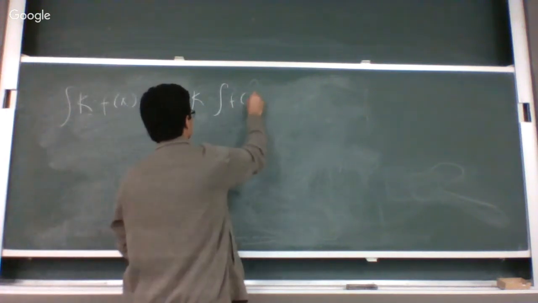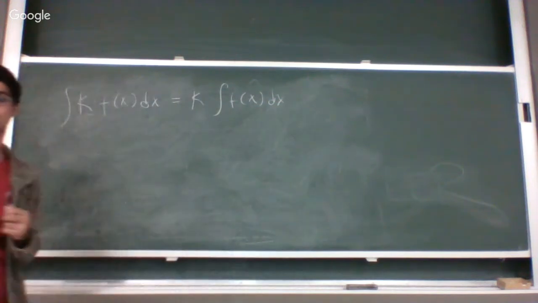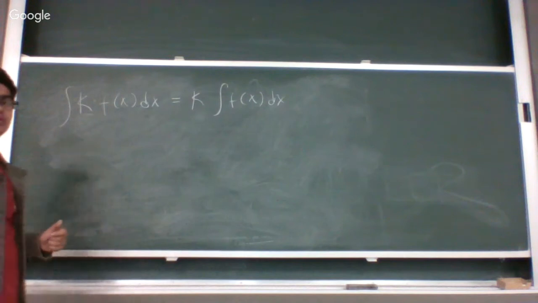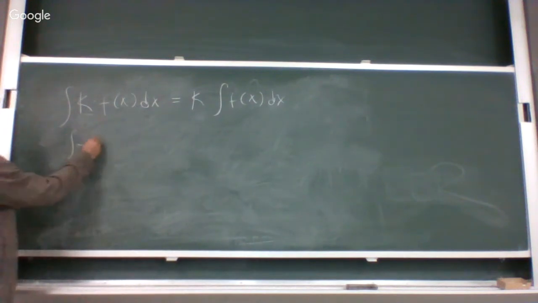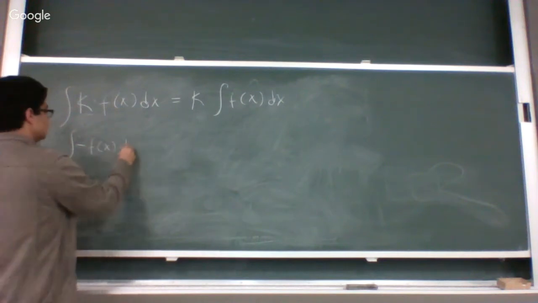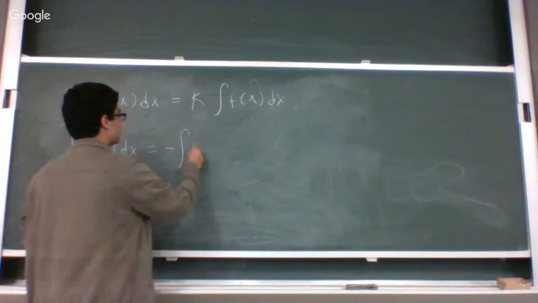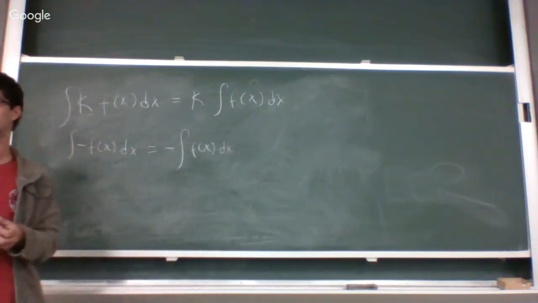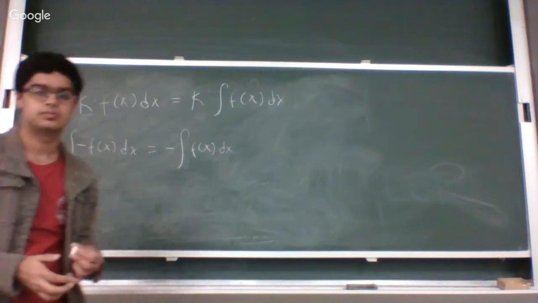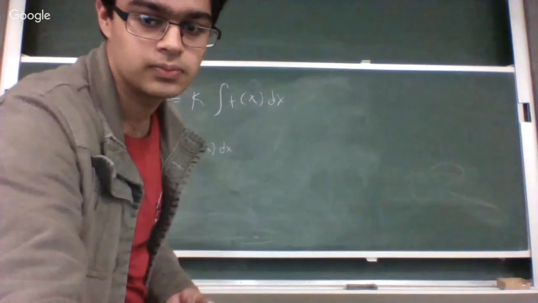So we have k times the integral of f of x dx. The rule for negatives is the same thing. If we have the integral of negative f of x dx, that's just a negative times the integral of f of x dx. It's just like the constant rule, the sign comes out.